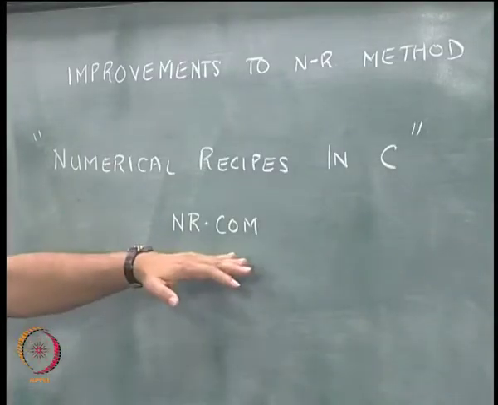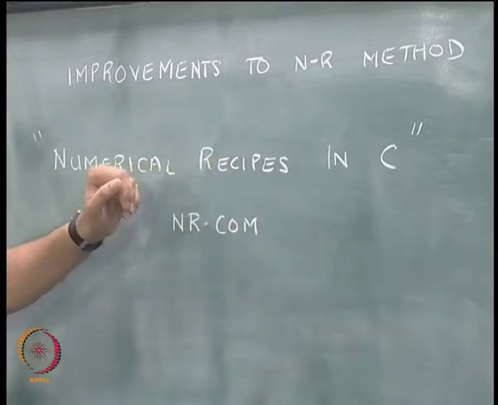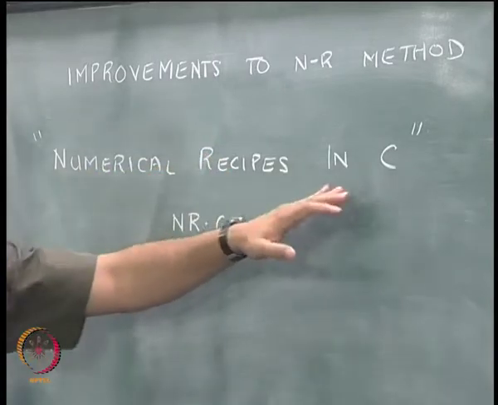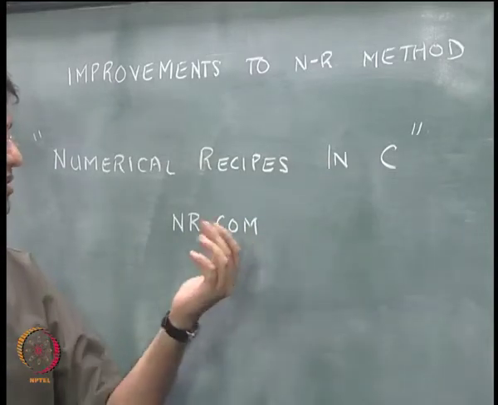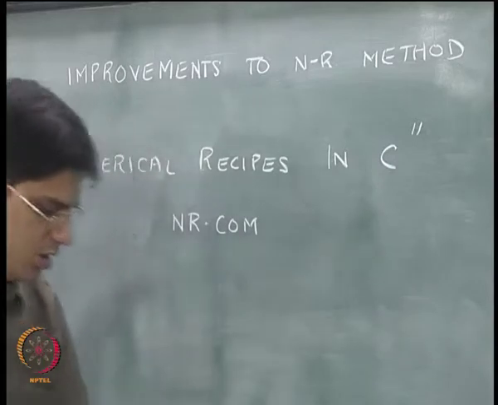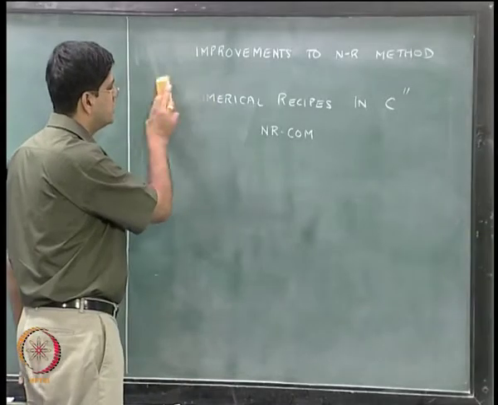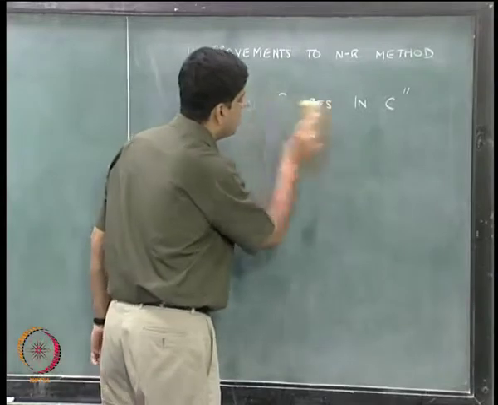So you can go to nr.com and download the second edition, which I believe is Numerical Recipes in Fortran. It's a very good resource if you want to understand or use Numerical Recipes in a better way.